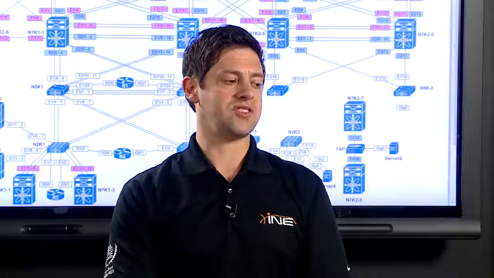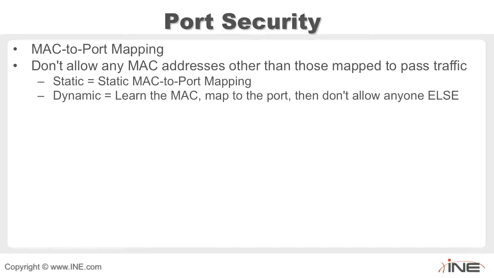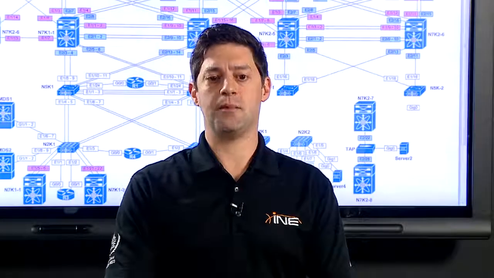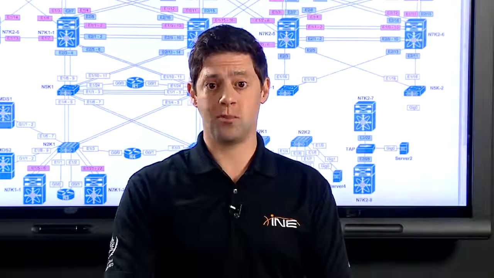This can be done in either a static type mapping, where we actually define statically the MAC address for that port, and we define it on the port. This is probably the exception, not normally what we do. Most of the time what we do is dynamic learning. We learn the MAC address from the port, really the first MAC address or first set of MAC addresses, because we can have more than one if we define the maximum number, and we can define different maximum numbers for VLANs on things like trunked ports.